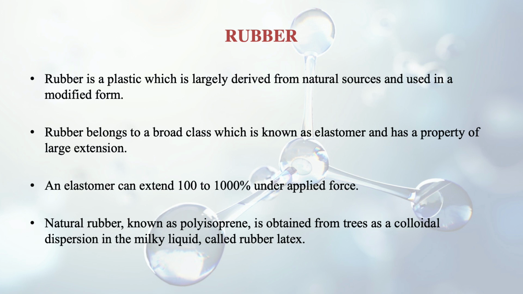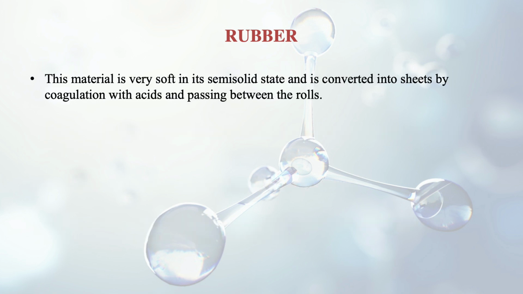Natural rubber, also known as polyisoprene, whose chemical structure is shown here, is obtained from trees. There are certain trees from which rubber is obtained as a colloidal dispersion in a milky liquid known as rubber latex. This material is very soft in its semi-solid state and is converted into sheets by coagulation with acids and passing between rolls.